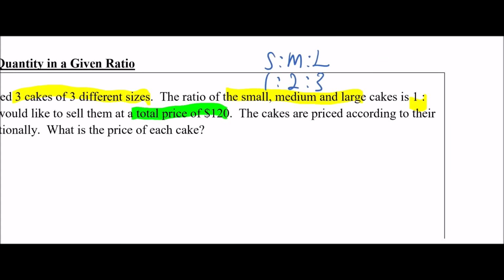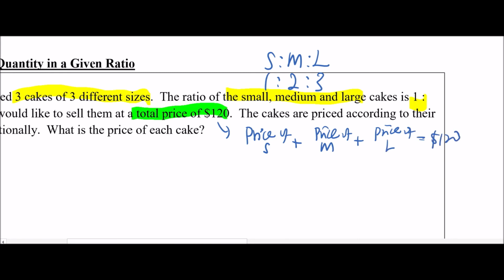So maybe I can write it down: price of small plus price of M plus price of large is 120. This is what this piece of information is trying to tell us.